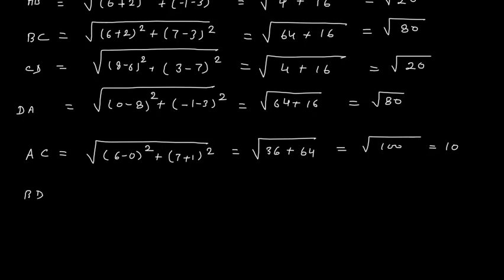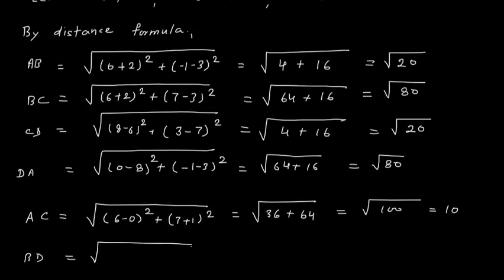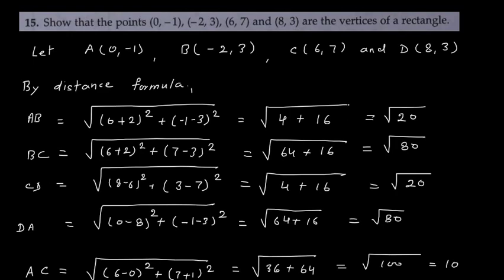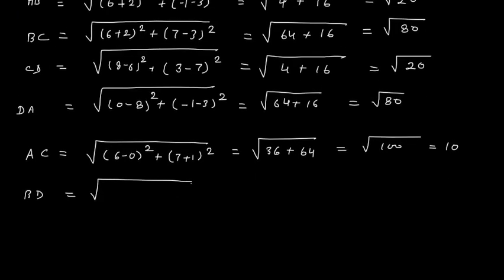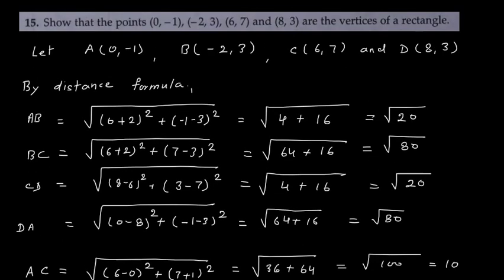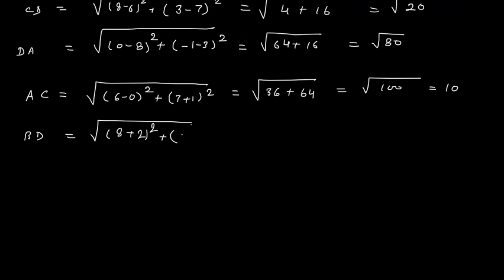And diagonal BD is (8 plus 2) the whole square plus (3 minus 3) the whole square. So here you will get 10 square is 100 plus 3 minus 3 is 0.